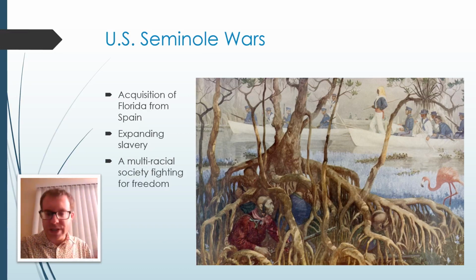They had a lot more in common with those traditional Creeks, the Red Sticks who we were talking about previously. And so the Seminoles fought an incredibly long war with the United States that arguably started around 1817, 1818, and lasts all the way into the 1840s.